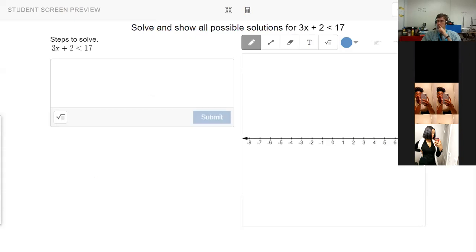All right, slide 12. So again, we did this on slide 10, same process: solve for x, and then graph it.